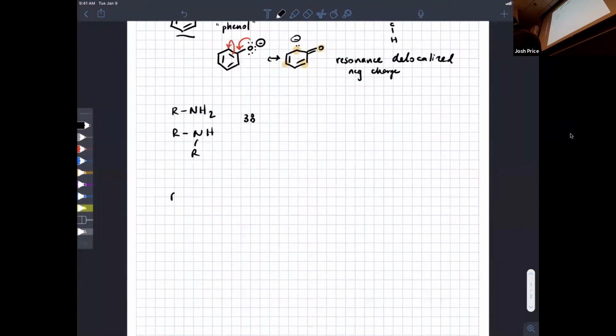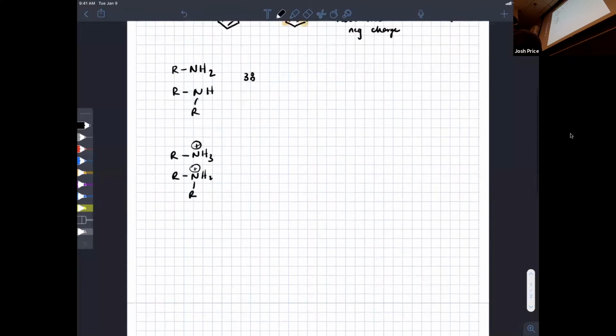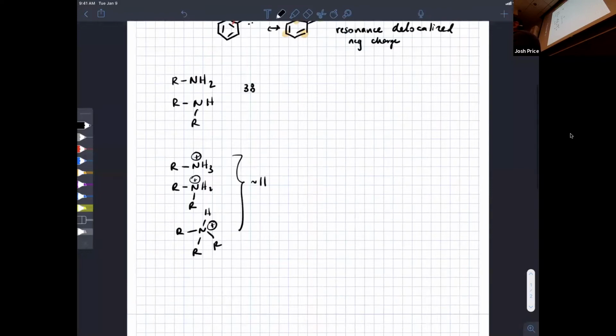But remember that amines have conjugate acid ammonium forms. You've got the primary ammonium, the secondary ammonium. There's actually a tertiary ammonium too. And you can assume that all of those have a pKa of around 11, right?